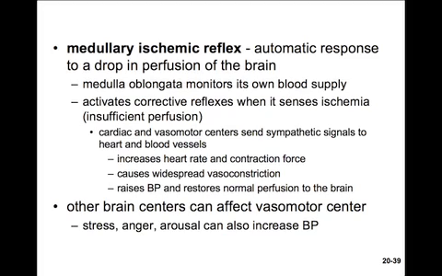The cardiac and vasomotor centers will send sympathetic signals to the heart and blood vessels. This increases heart rate and contraction force, causes widespread vasoconstriction, and will raise the blood pressure to restore normal perfusion to the brain. Other brain centers can affect this vasomotor center. This becomes evident when you notice that stress or anger increase your heart rate.